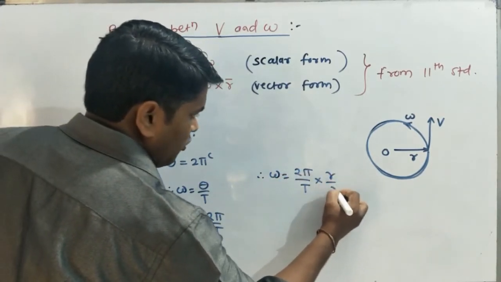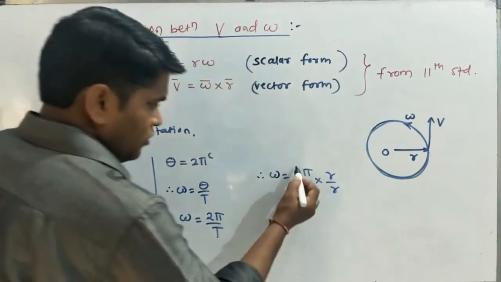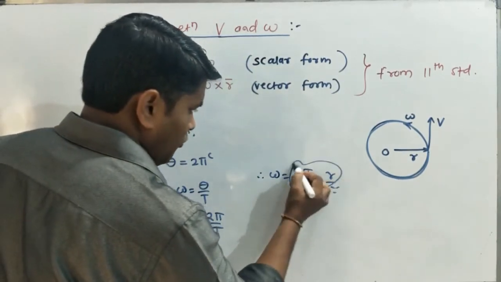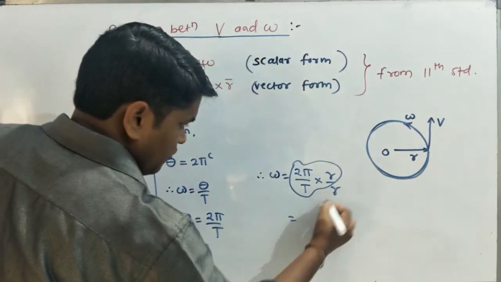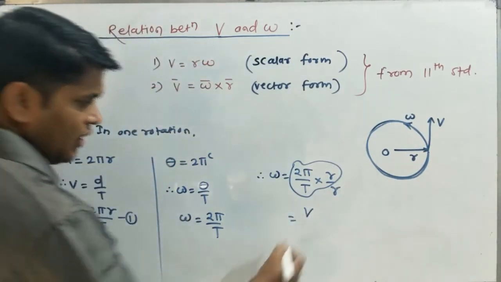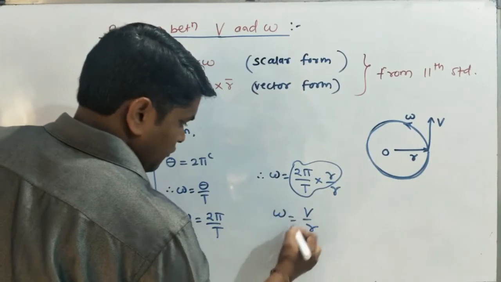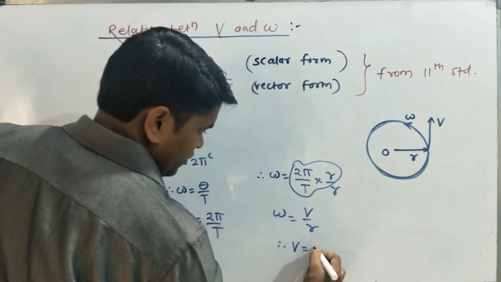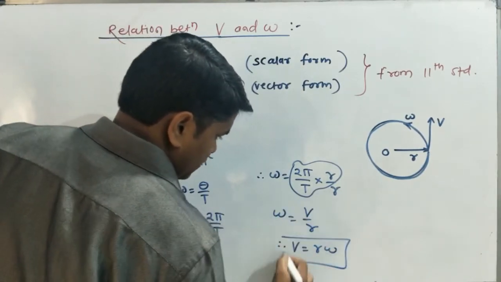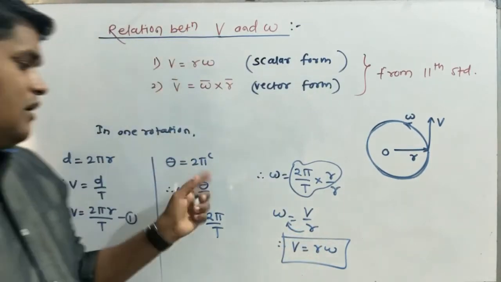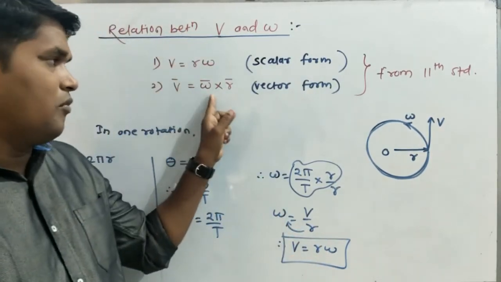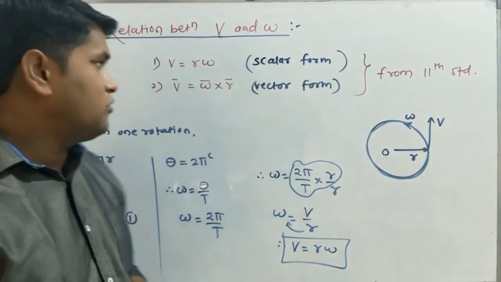Multiplying and dividing by r, 2 pi r upon t is velocity. So we write v upon r, and from that equation we get v is equal to r omega. Understood? This is your relation from 11th standard, and in vector form it is omega cross r.